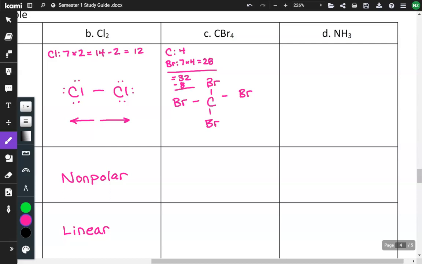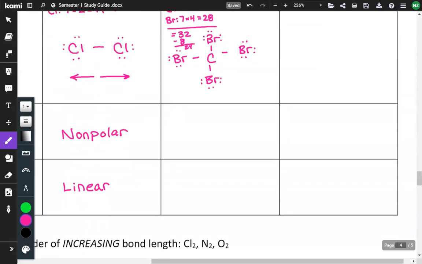That leaves us 24. 1, 2, 3, 4, 5, 6, and again 1, 2, 3, 4, 5, 6. All the way around, all the bromines have 8. Carbon has 8. Perfect. This is also going to be nonpolar. Everything attached to the central atom is the same. In my resource packet, we have 4 atoms attached, no lone pair of electrons. This is going to be tetrahedral.